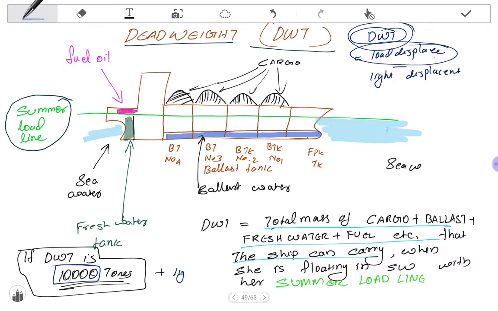So if I say the dead weight is 10,000, that doesn't mean that it is only the quantity of the cargo. It may be the quantity of ballast, freshwater, fuel, etc. Everything on board that ship when it is floating at summer load line.